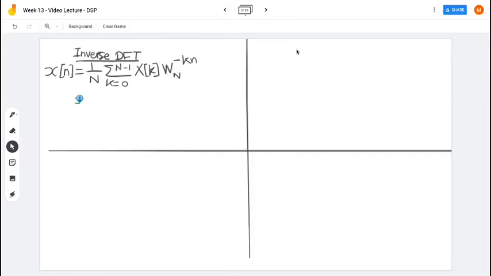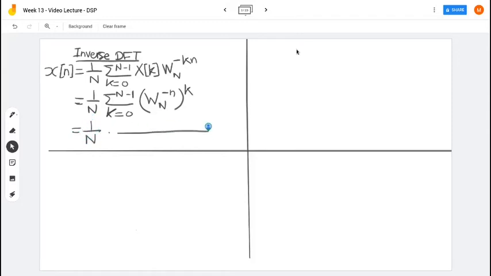So x of n can be computed as 1 over N summation going from k equal to 0 up to N minus 1, X of k equal to 1, and we will write W_N in this form, W_N to the power minus n, all to the power k. In this case we have the summation in the form we have seen before. So this will be 1 over N, and this summation takes the form r to the power k.